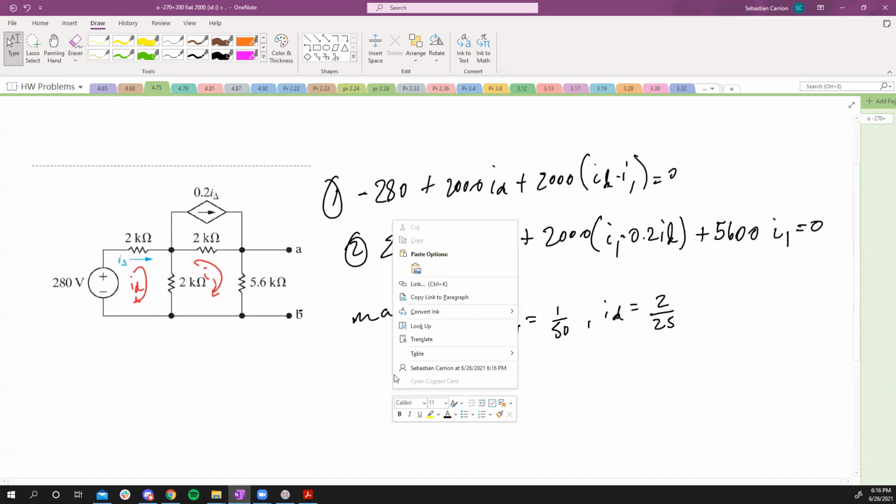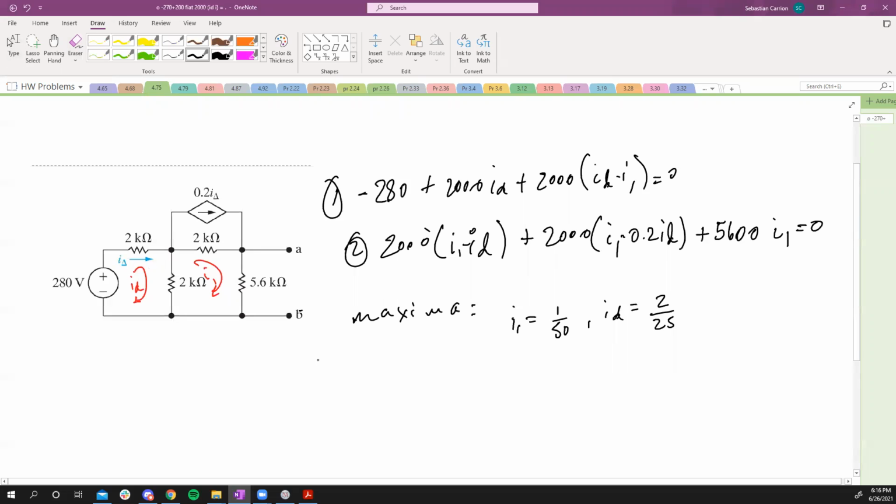So then to find the voltage across the 5.6K ohm resistor, it would be I1, 1 over 50, times 5600, which is 112 volts.